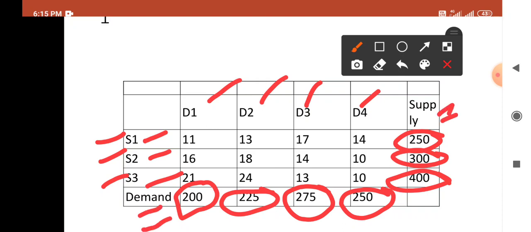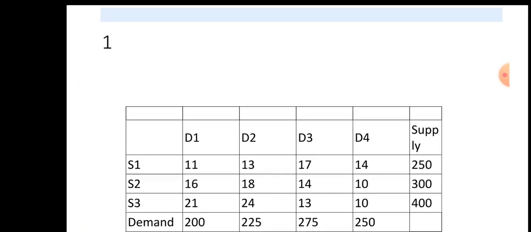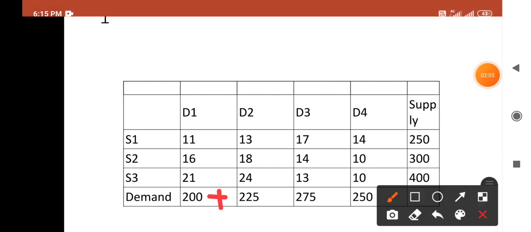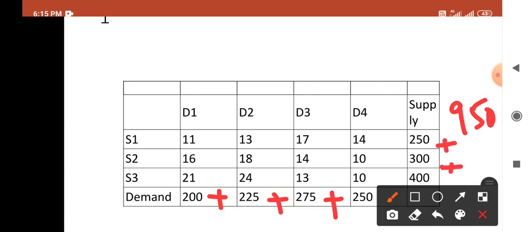supply balance. So we are going to add this demand and supply. If we add these four quantities, it is equal to 950 units. And if we add these three, 250 plus 300 plus 400, then also we'll get 950 units.